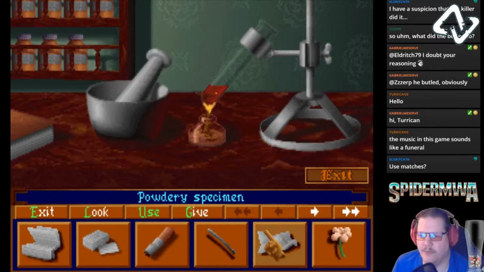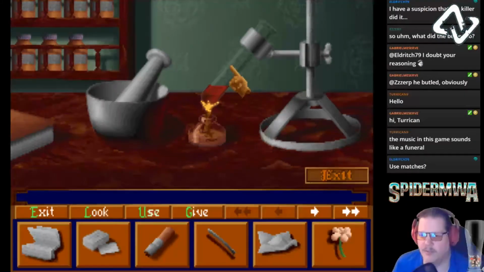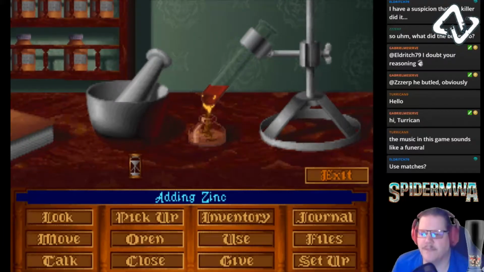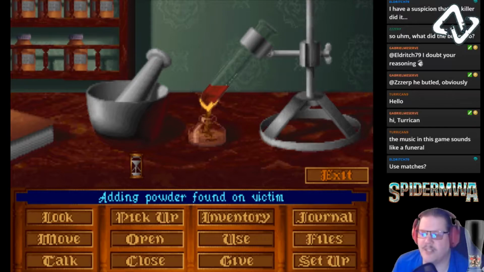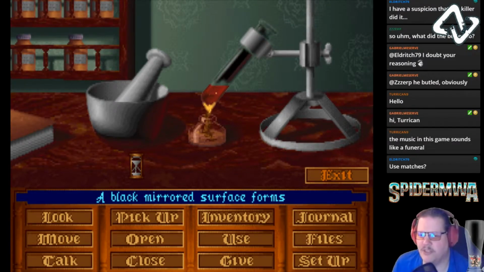And now we use the powdery specimen in the red tube. Adding zinc. I thought I was adding the powder. I do love the animation. A black mirrored surface forms.